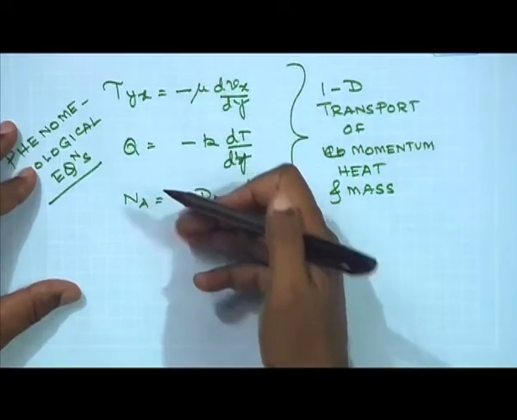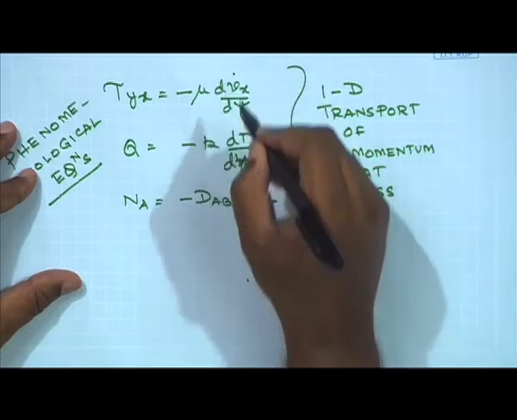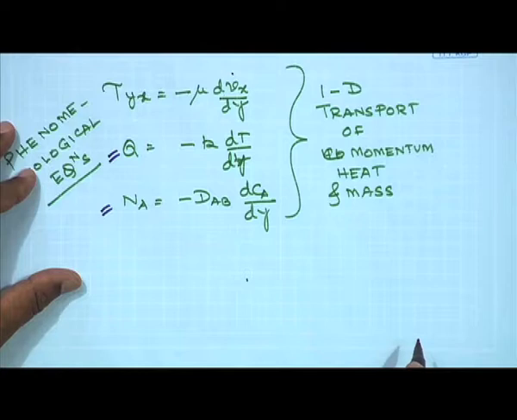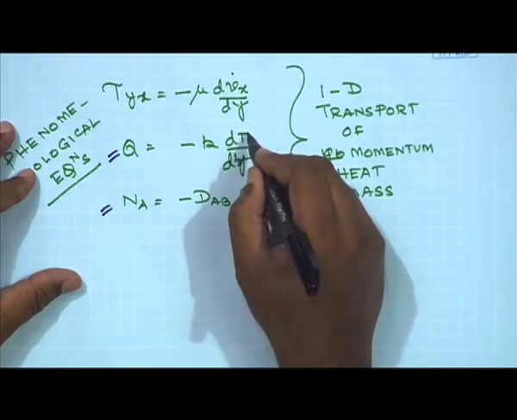These three equations are similar, they look the same, conceptually they are the same, but there exists one very basic fundamental difference. So if you look at these three equations, this one and this one are identical in nature.